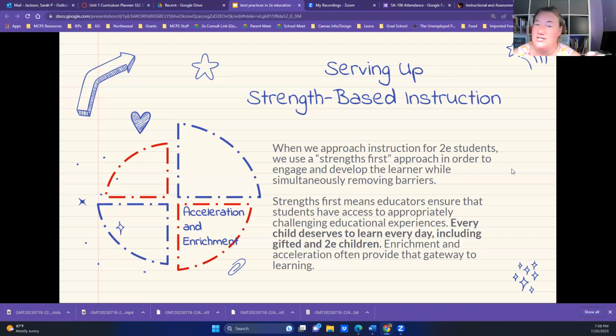Now, do not mishear me: acceleration does not necessarily mean grade advancement. It does not necessarily mean course advancement. Acceleration is exactly that. When we accelerate, my science teachers forgive me, we go faster. We're putting our foot on the gas, or however we want to describe that.